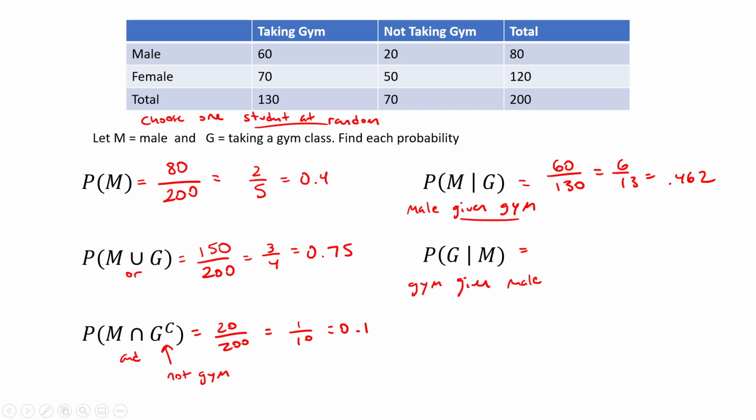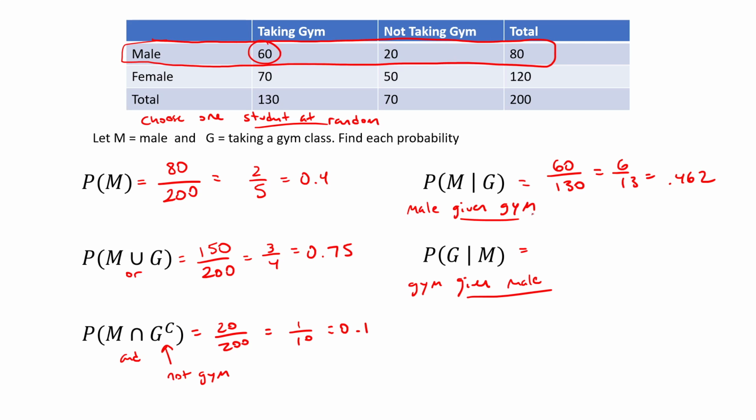But then it is different if we ask gym given male. Now we are saying given that the student is male. Well, that means these 80 students. And again, it's like limiting ourselves to just one row or column of the table. Of those, how many are taking gym? 60 out of 80.